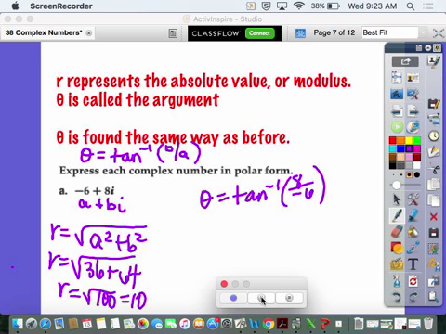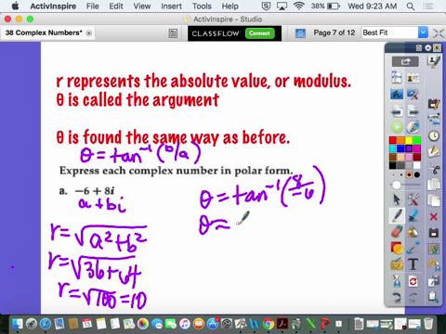Alright, so we want to make sure that we're in radian mode. And what was the theta? Negative 0.927. Now, be careful. Same rules apply as when you were finding theta with your polar coordinates. You gotta add pi, technically 180, because what quadrant are we in?